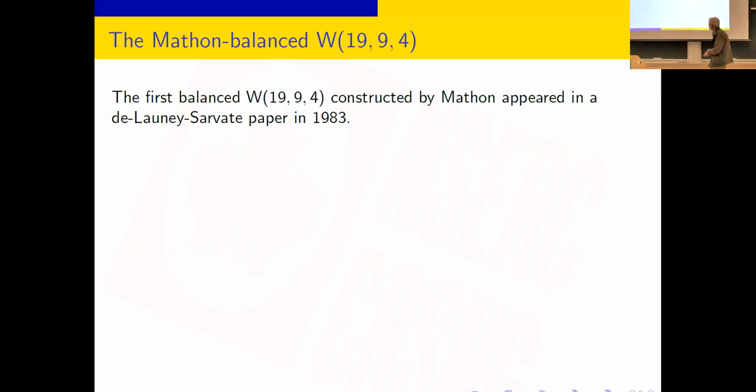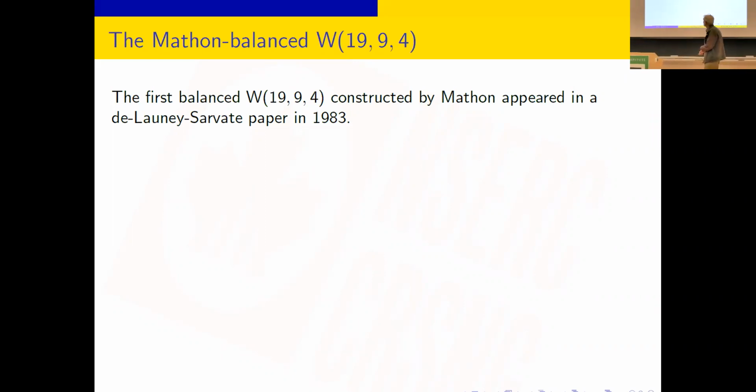That 0, 1 matrix happened to be the incidence matrix of a symmetric design. And that symmetric design has those parameters, 19, 9, 4, right? And this was first constructed by Mathon, and in 1983 appeared in a paper by Delany and Sarvate.